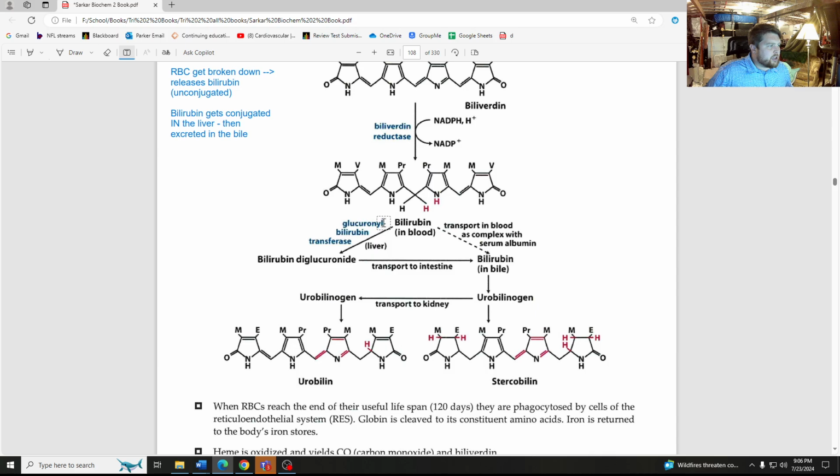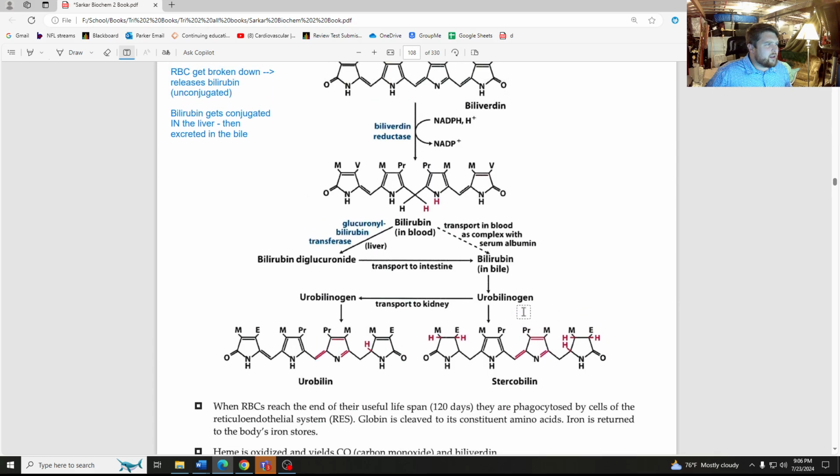So it can travel to the liver. It can go into the intestine, where it's in the bile, and from bilirubin, it'll be converted to urobilinogen. Urobilinogen can either be transported to the kidney and be excreted as urobilin, or it can continue on to be stercobilin.